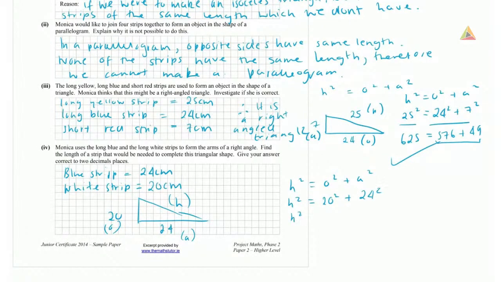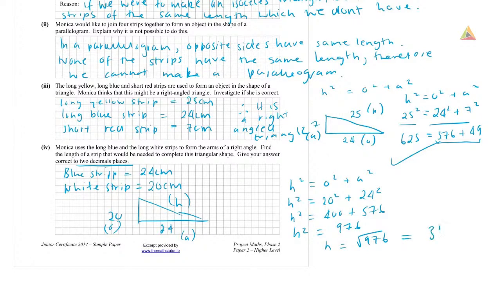So h squared is equal to 20 squared, which is 400, plus 24 squared, which is 576. Add those together to get h squared, you get 976. So h is going to be the root of 976. Now look at the question, it asked for 2 decimal places. So the root of 976, correct to 2 decimal places, put it into your calculator, is 31.24 centimeters.